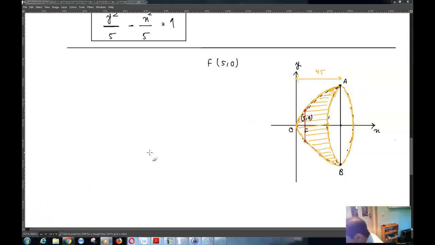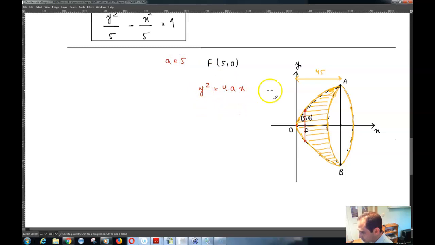Okay, so based on what we discussed before, the equation of such a parabola could be written as y squared is equal to 4ax. If you know the value of a, and the focus, we said, is at a distance of a units away from the vertex over here, this tells me that a is equal to 5.